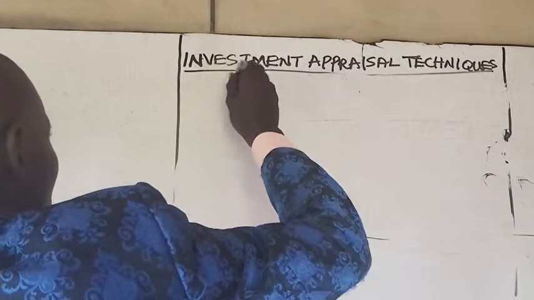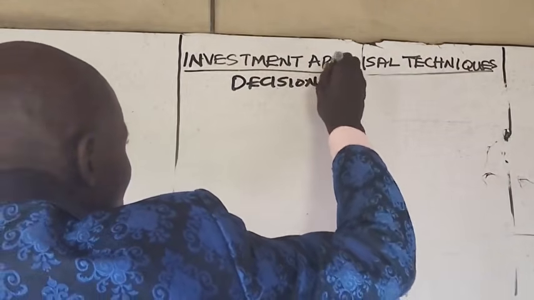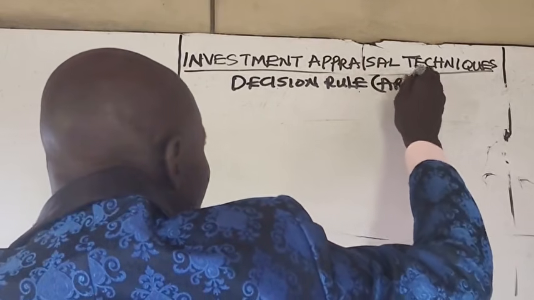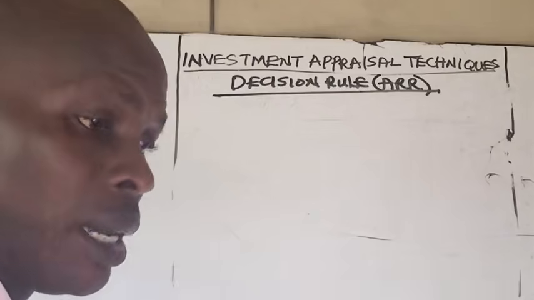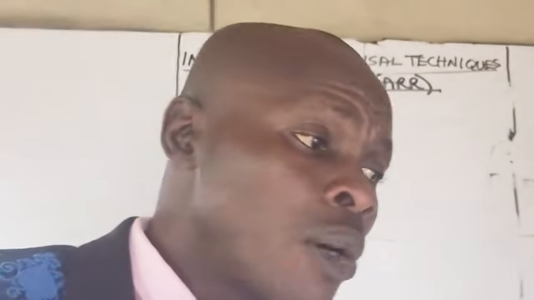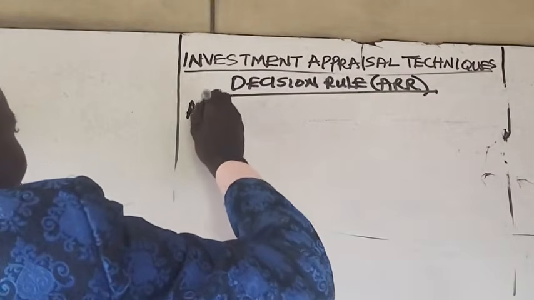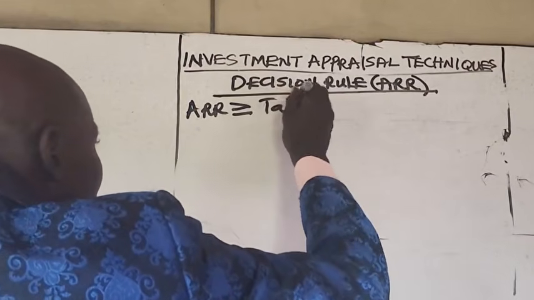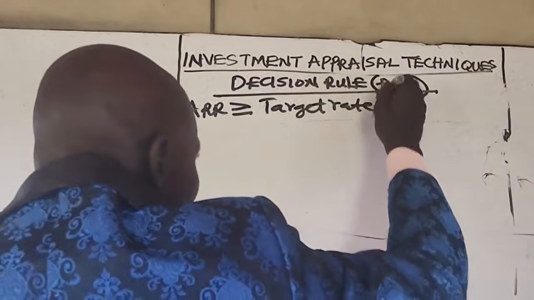Decision rule under ARR. If you want to use the accounting rate of returns in making decisions, the decision rule is to accept the project with ARR greater than or equal to the target rate, or hurdle rate, set by the management.